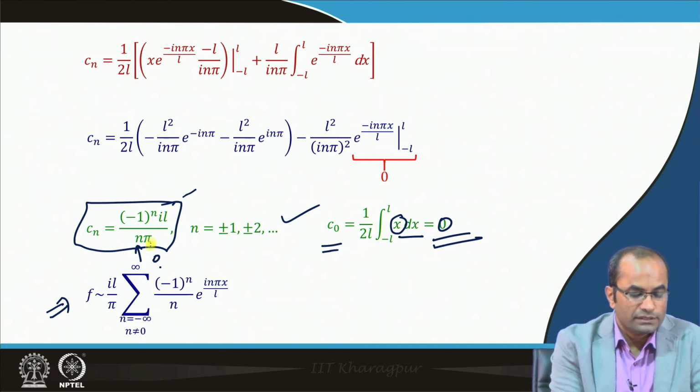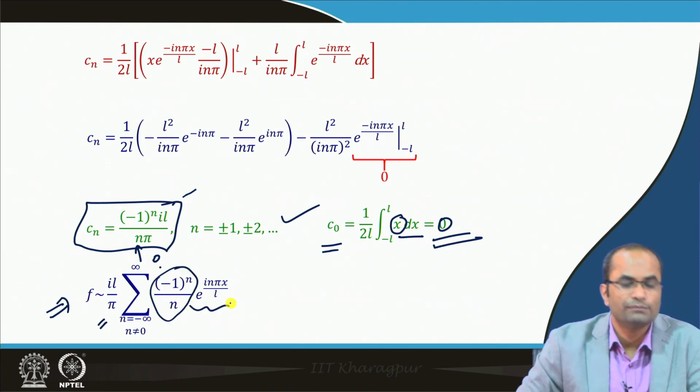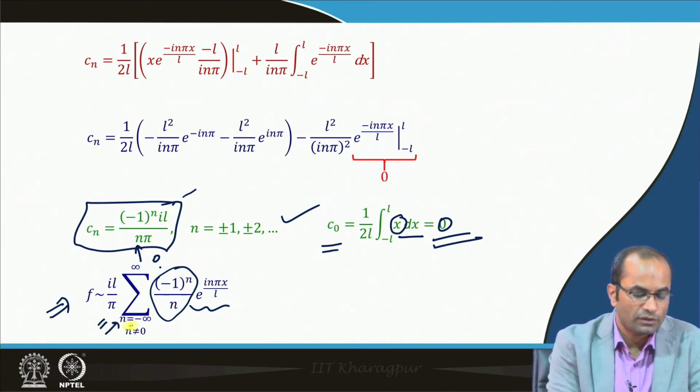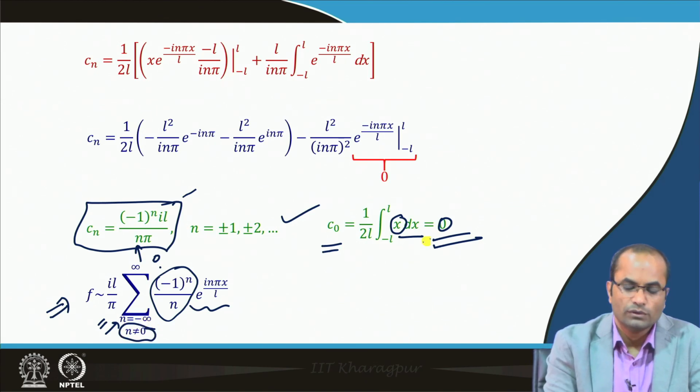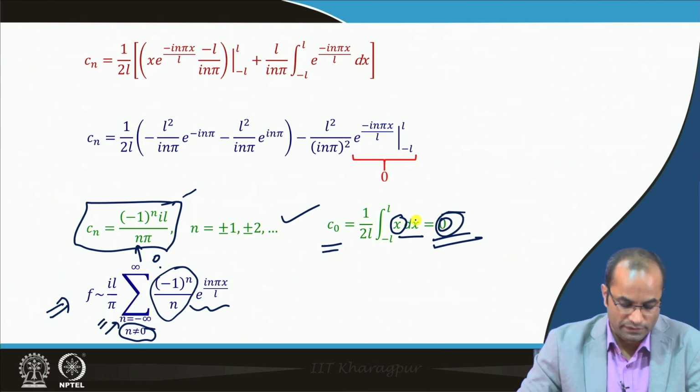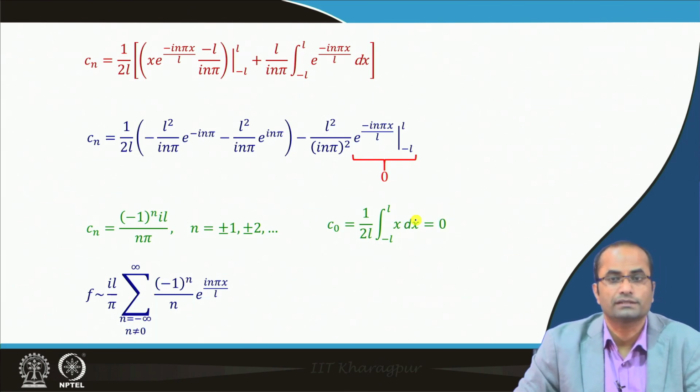The coefficient C n is i L over pi times minus 1 power n over n, and we have e power i n pi x over L, and n varies from minus infinity to plus infinity, except n equal to 0, because C 0 is 0. So, that term will not be there in the series.